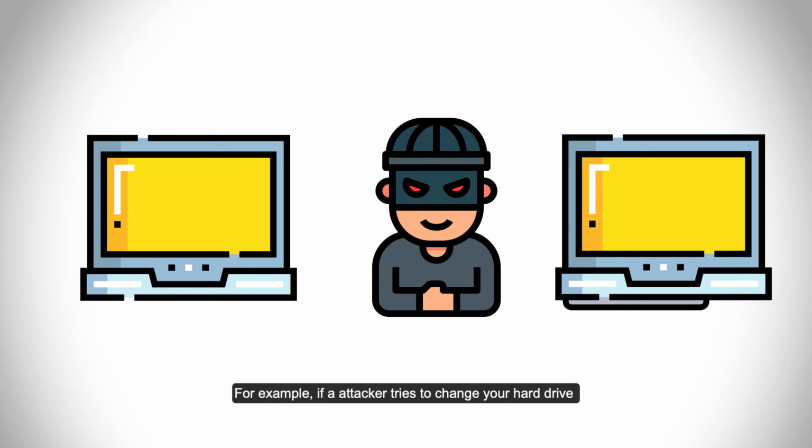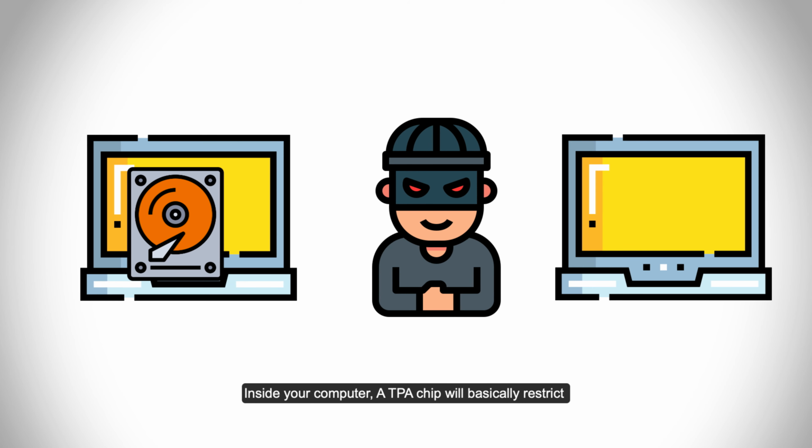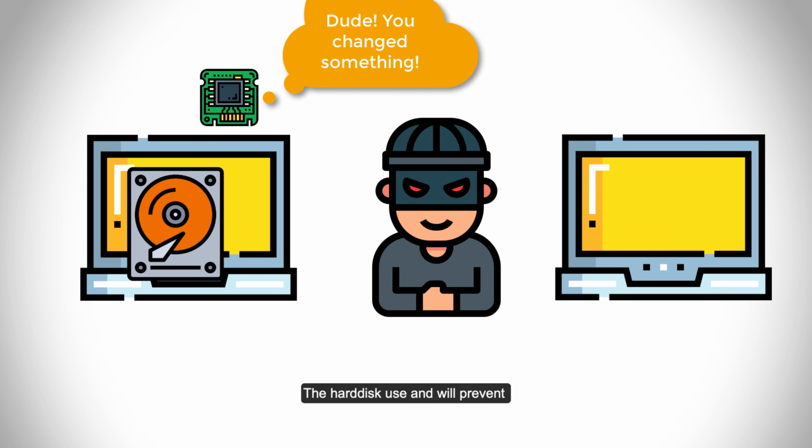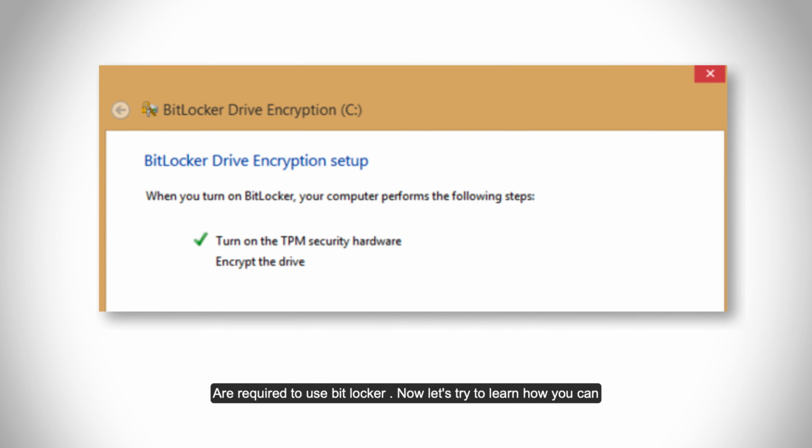So, for example, if an attacker tries to change your hard drive or even adds an extra hard drive to copy the data inside your computer, a TPM chip will basically restrict the hard disk use and will prevent a potential attack. If you don't know whether your computer has a TPM or multiple partitions, don't sweat. You can just open up BitLocker and it will check the system requirements that are required to use it.